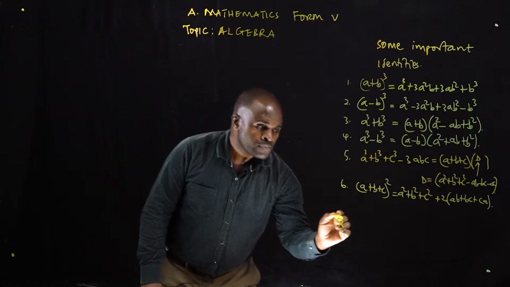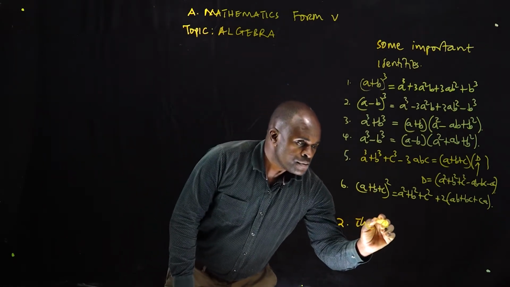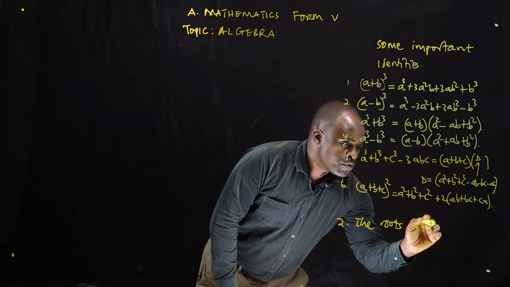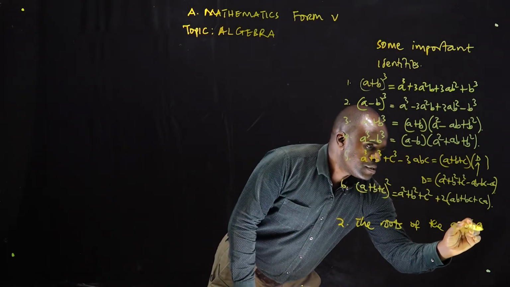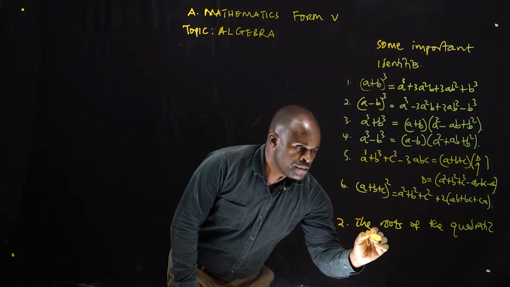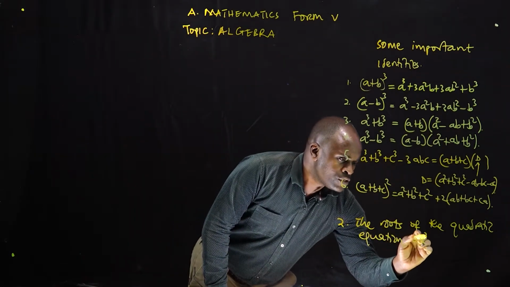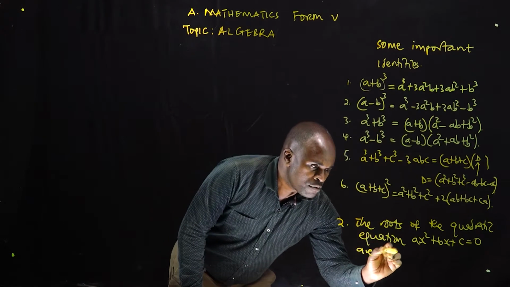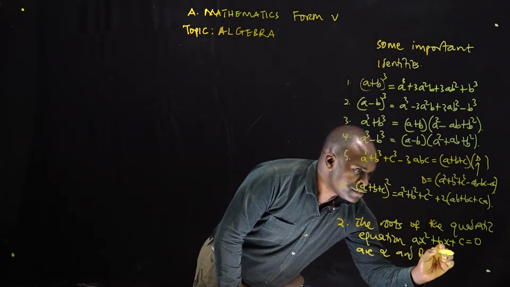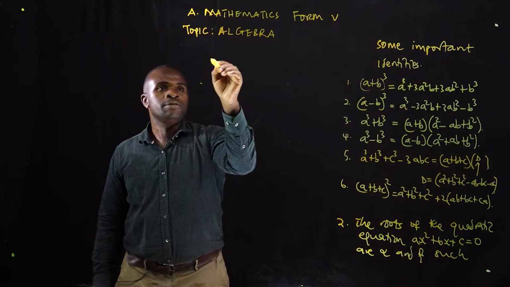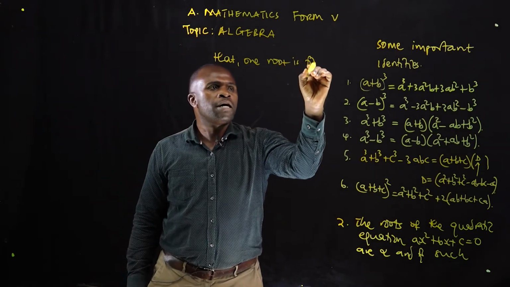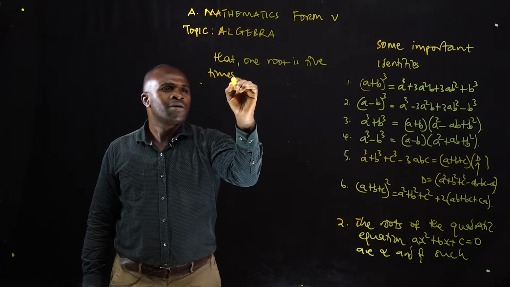So let's check example number 2. This one says the roots of the quadratic equation ax squared plus bx plus c equals 0 are alpha and beta such that one root is 5 times the other.